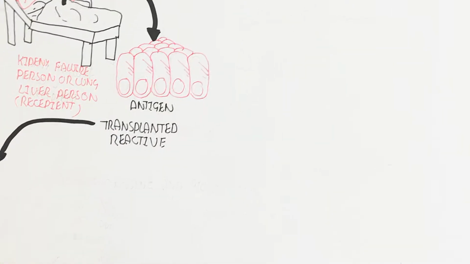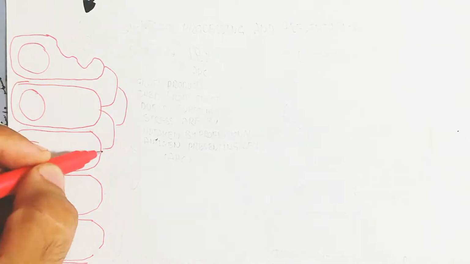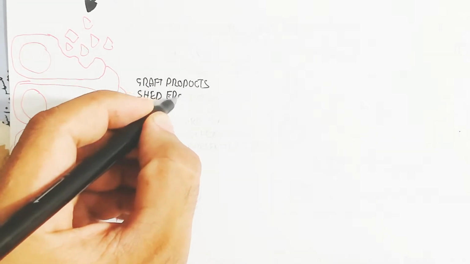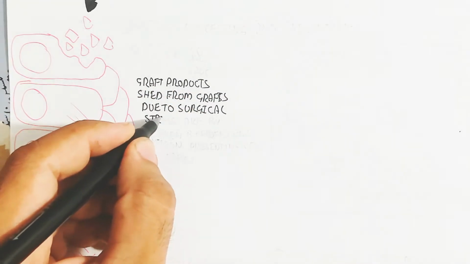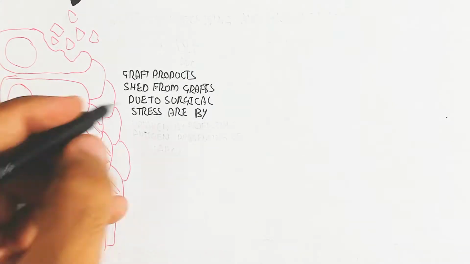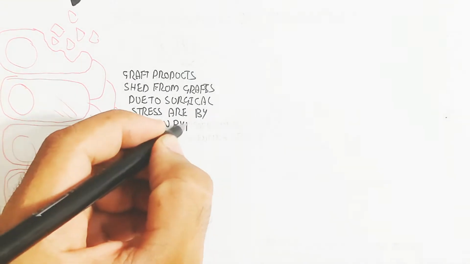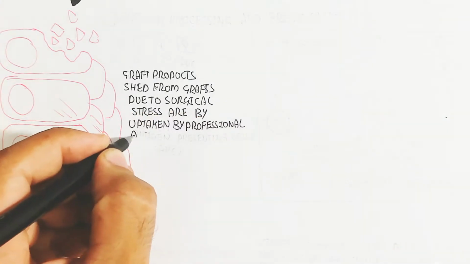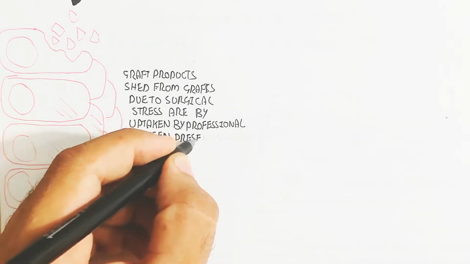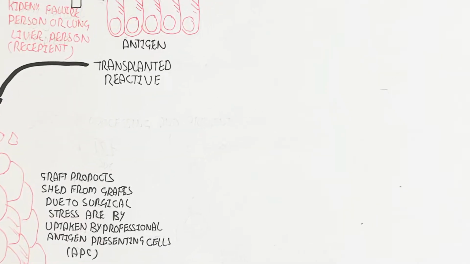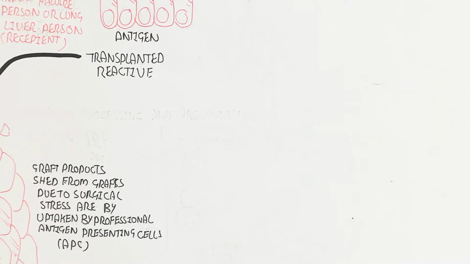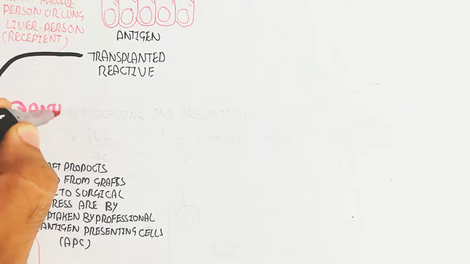If it mismatches, we will discuss the cross match process in another video. So this is basically the antigen, the grafted tissue. The products shed from the graft due to surgical stress are taken up by professional antigen presenting cells.